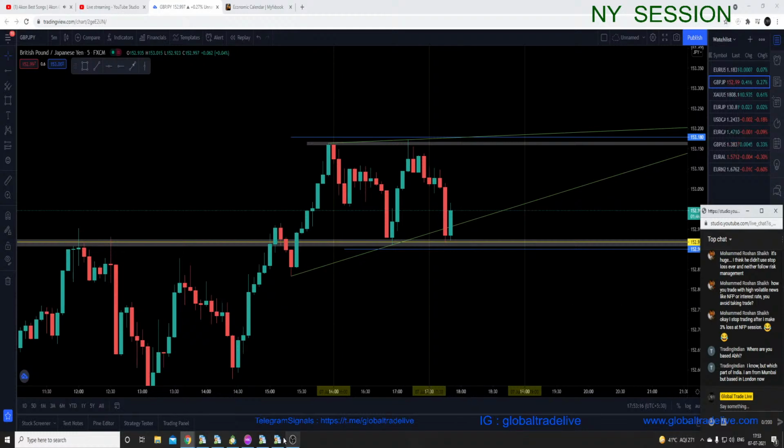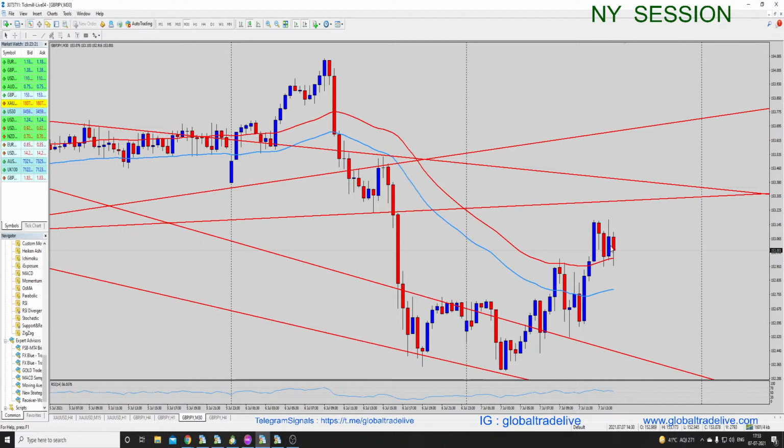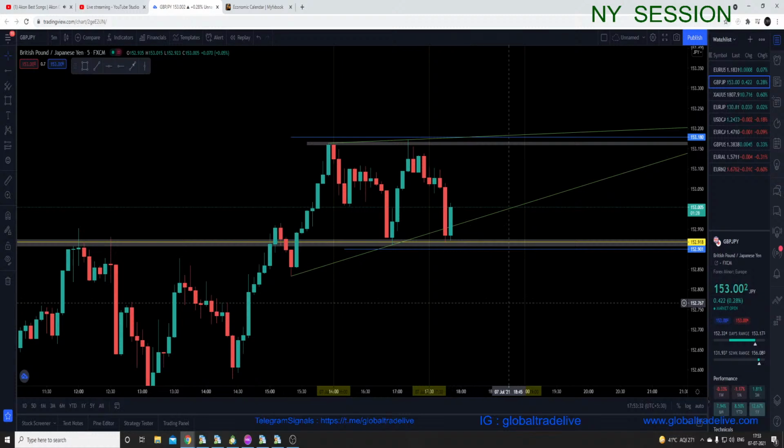It was a really good idea that I didn't execute the trade once this 30-minute candle just broke this low over here, because the 5 minute was not showing anything confirming.